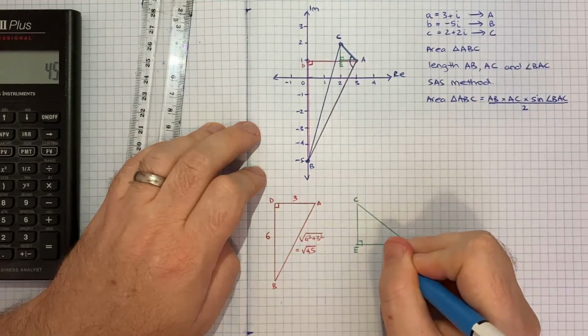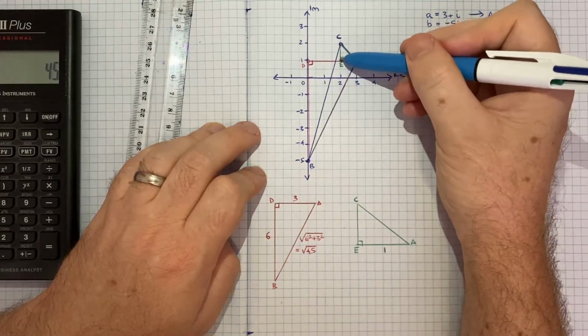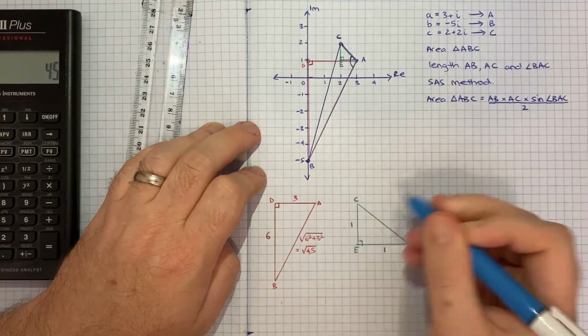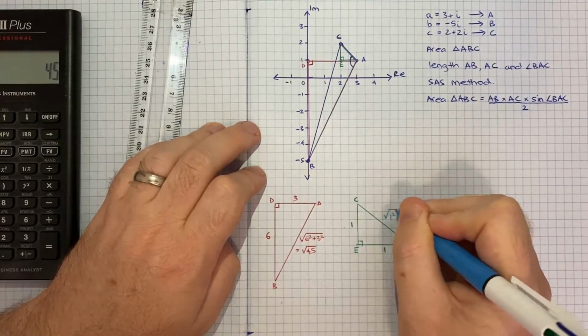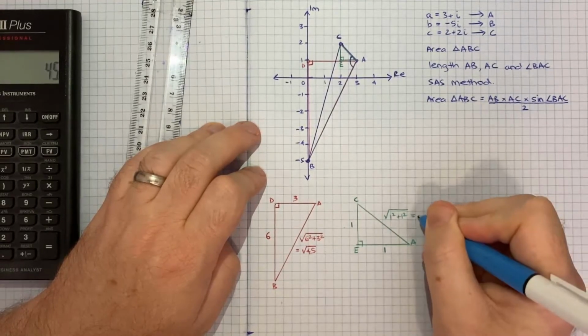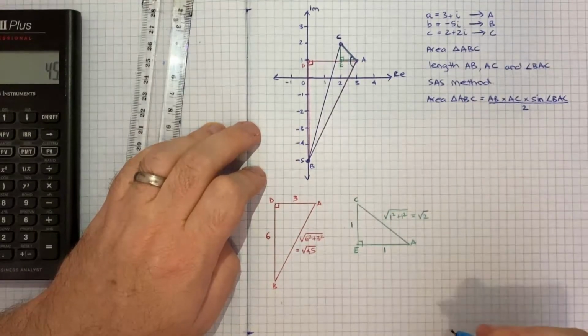And the length from E to C is also 1 unit. So this length will be the square root of 1 squared plus 1 squared, which I won't need my calculator for. That's just the square root of 2.